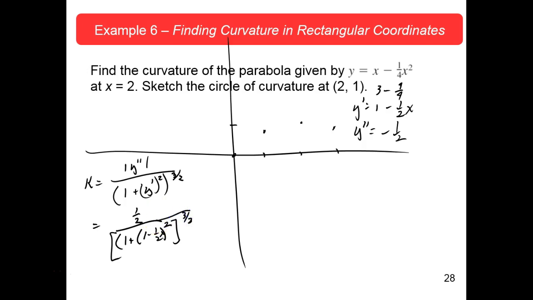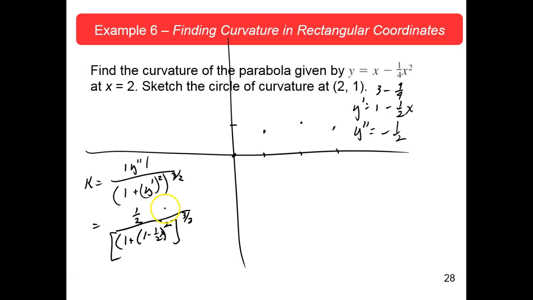Now, since we're only interested in the curvature of the parabola at x equal 2, it's all right to go on and plug that in now. Don't square your binomial, add 1 to it, and then take the 3/2 power of it, and then plug in. Let's just plug in now, okay?